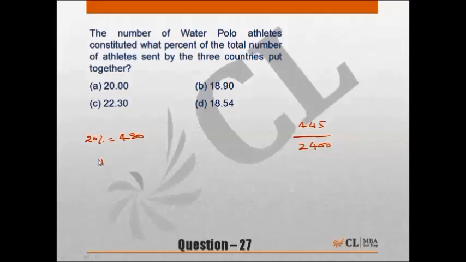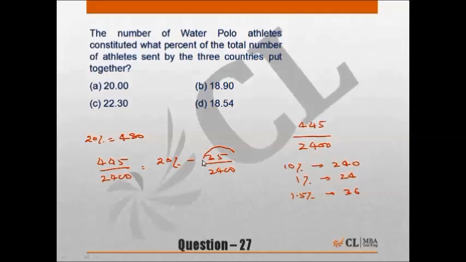So when I have this number 445 upon 2400, I can write it as 20% minus 35 upon 2400. 10% is 240, 1% is 24, 1.5% will be 36. So this number I can say is slightly lesser than 1.5%.